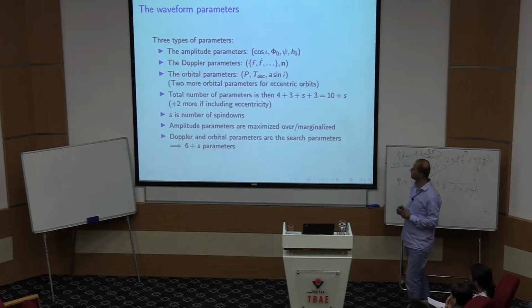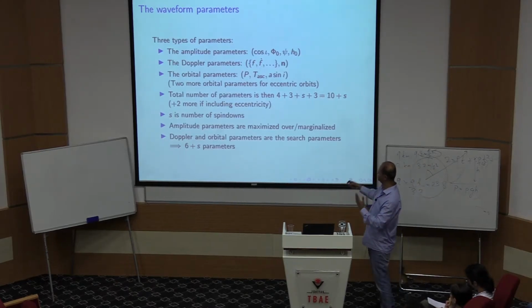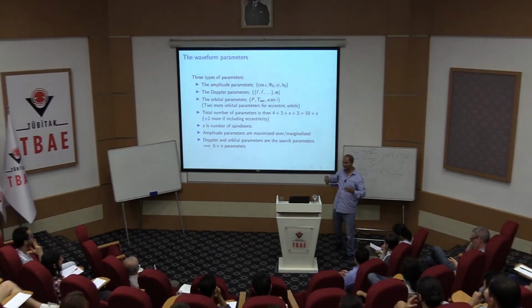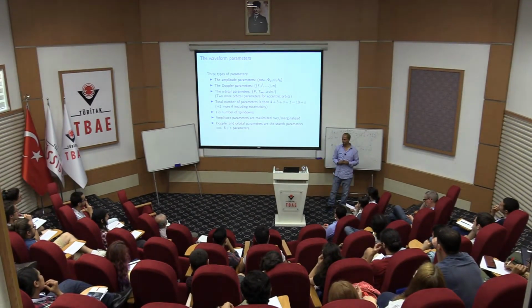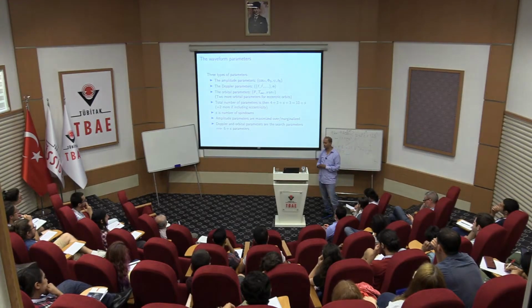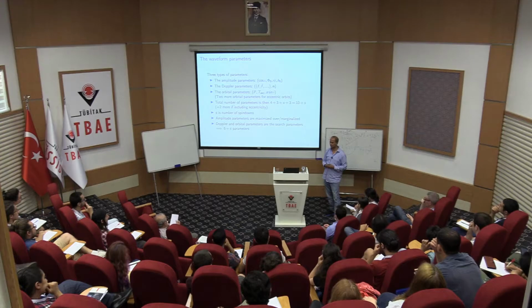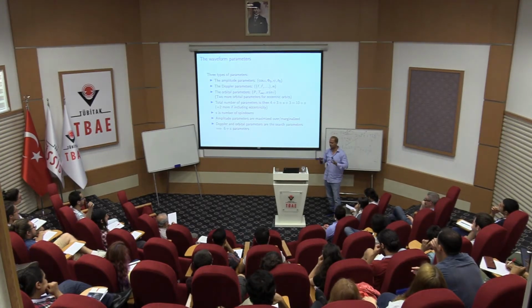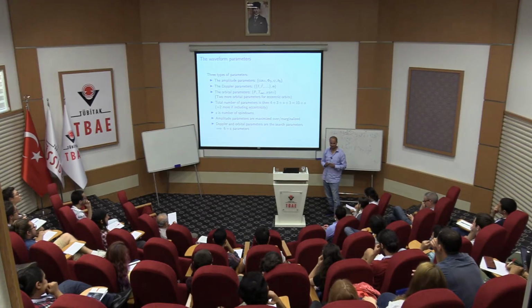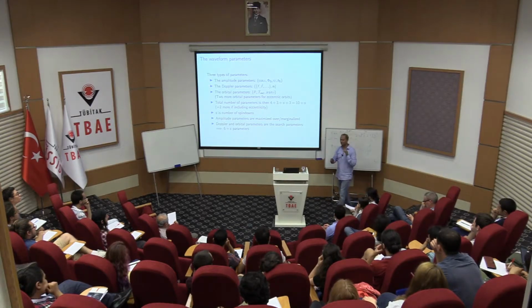Okay? So what this means is that you have to search over all of these parameters, and this is very, very difficult. This is in fact by far the most difficult computational problem in gravitational waves, by far more than anything for binary black holes and neutron stars. So this means that these problems are limited computationally.